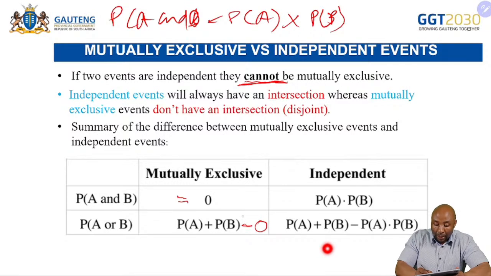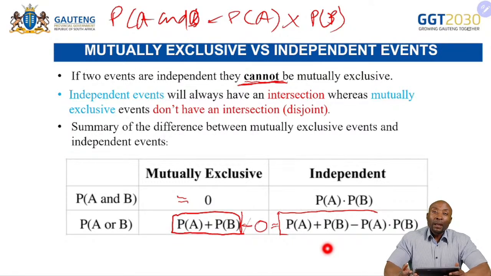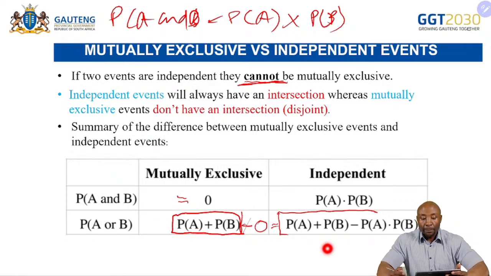That is why our equation just ends there. Whereas for independent events, the probability of A or B should be equal to the probability of A plus the probability of B minus the product of the probabilities of A and B.